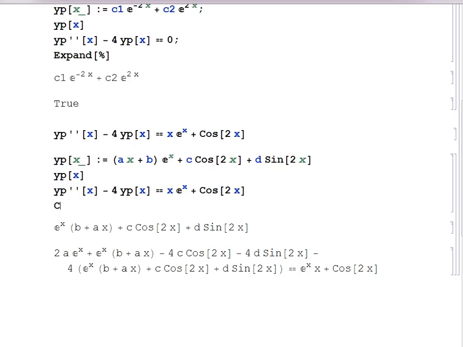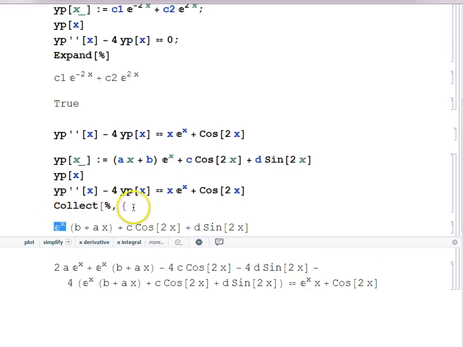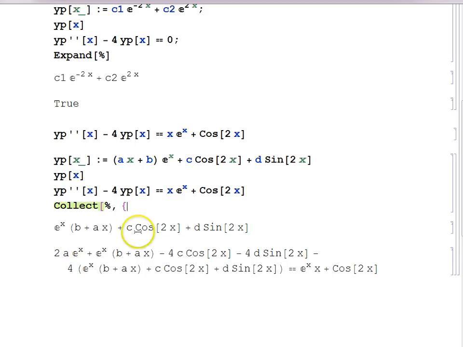So I think what I'm going to do is do a collection. All right, collect on that last one. What do I want to collect on? I want to collect on e to the x. Well, yep, that's all the terms I can get.